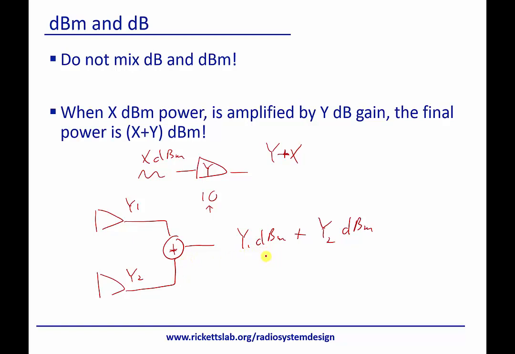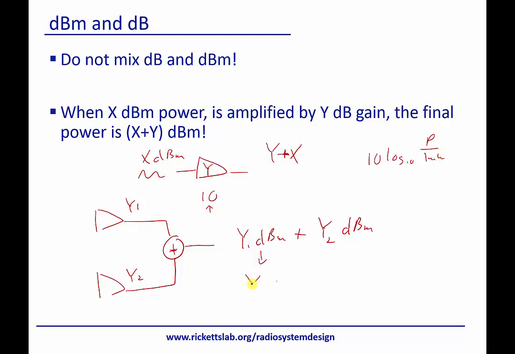operation here is summation, what we have to do is change this into Y1 linear. And so the way we would do that is, now if we remember, dBm is 10 log 10 of P over 1 milliwatt.